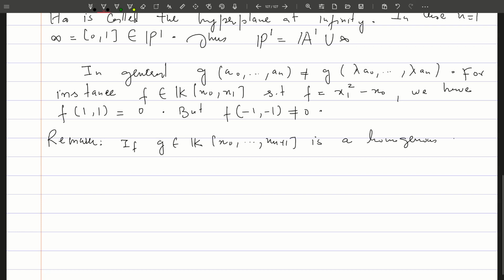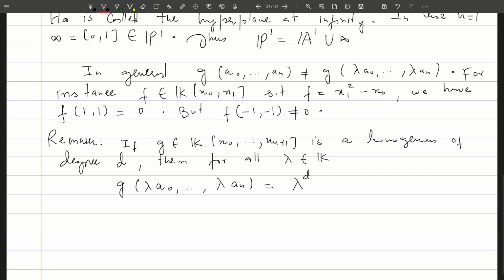So this is homogeneous of, say, degree d. Then for all lambda in the field K, g of lambda a0 through lambda an is equal to lambda to the power d times g of a0 through an.